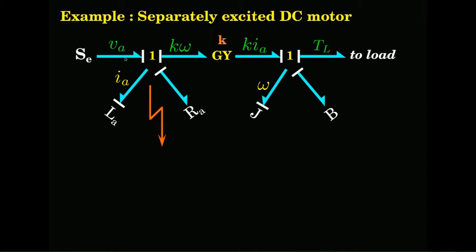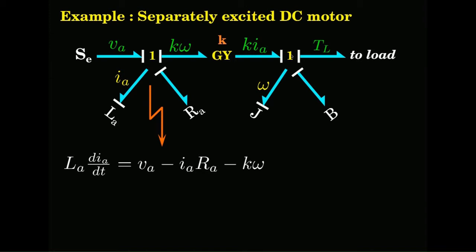Going into the junction you take positive, out of the junction you take negative. So, this effort is VA minus K omega minus IA RA. So, VA minus IA RA minus K omega is equal to the effort of this flow decider, which is LA dIA by dt. This is the basis for your first state equation.